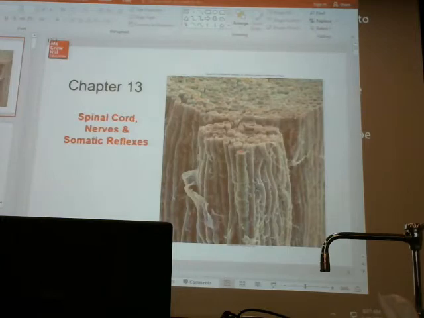One of the things that we have to remember about the nervous system: the nervous system is going to contain what we know as our central nervous system and our peripheral nervous system.